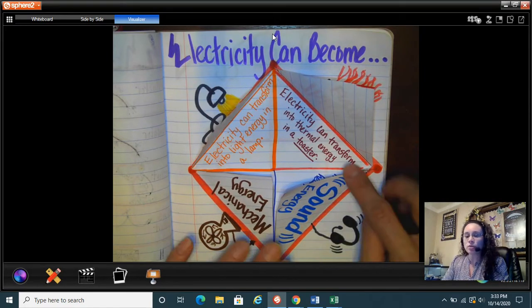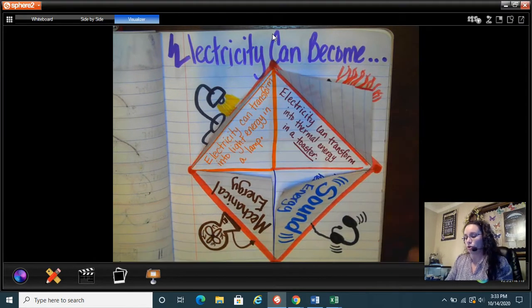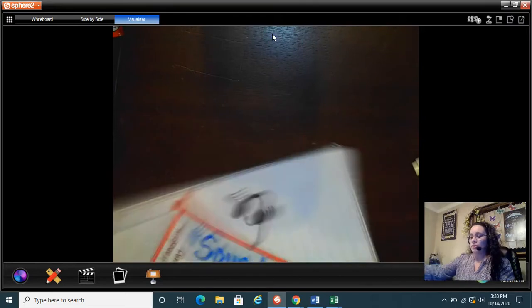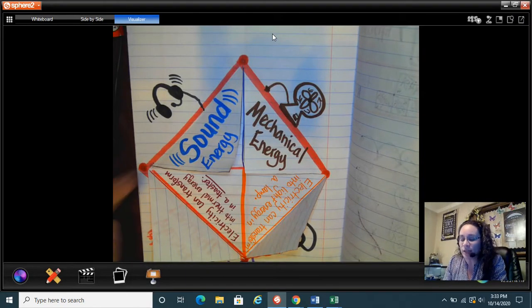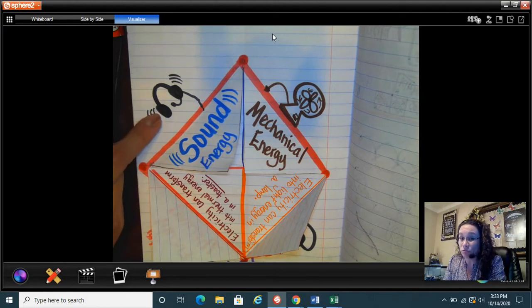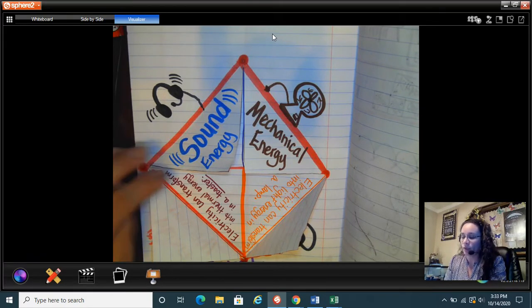Okay. Electricity can become sound energy. Now, what I'm going to do is I'm going to turn my journal so that you could see it better. Okay. So electricity can become sound energy, like my headphones. I have the headphones connected to my laptop connected to the battery, and the battery connected to the wall outlet when it's charging. Okay.